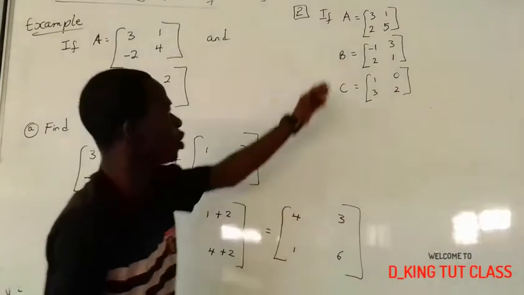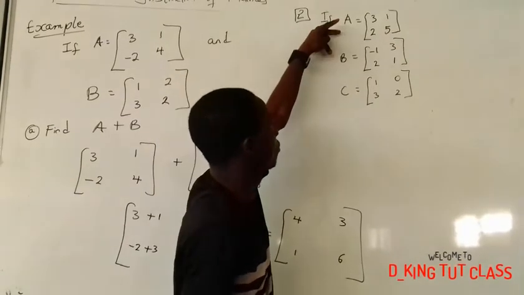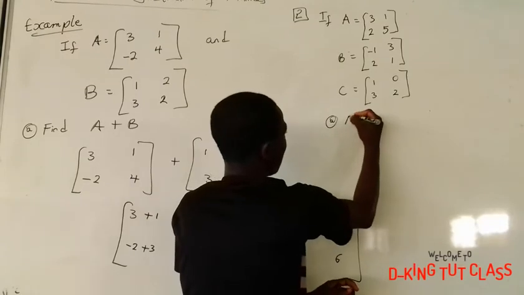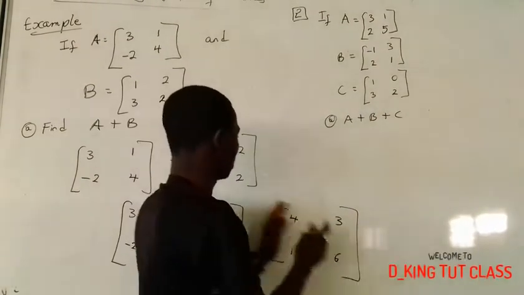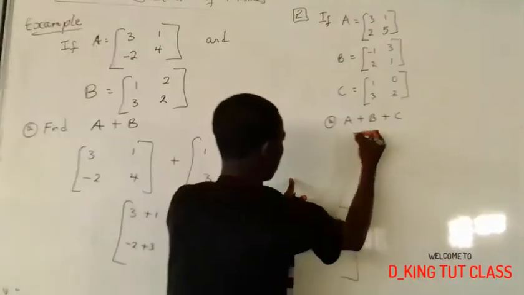Now take note, they are still of the same dimension, that is 2 by 2. So we're given 3 matrices: A, B, and C. Let's find A plus B plus C. Very, very easy. Don't forget, the same approach you applied here, we'll be applying also here. So let's look at it together.